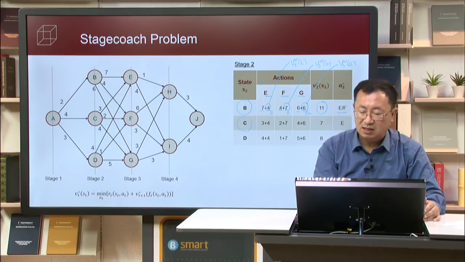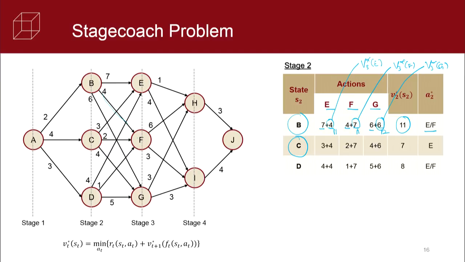So when it comes to C, right? At C, you have 3 actions available. Either go to E, F or G. If you go to E as the node to visit next, it incurs 3, and then 4 must be equal to V3 star E, right?